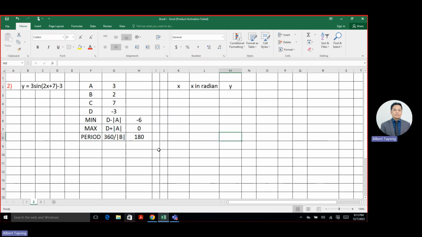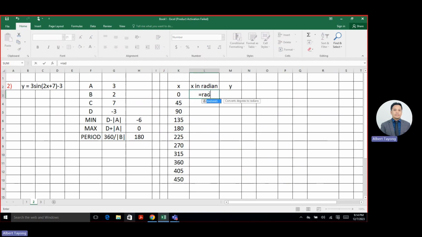Now, in this case, we will not be getting our maximum and minimum directly. So we need to look at the values given here. Okay, our minimum is -6, and we have 0. If you're going to start from 0, for example, and then here equals 180 times 0.25, 45 is the difference, so equals 45 plus 45, and drag it down.